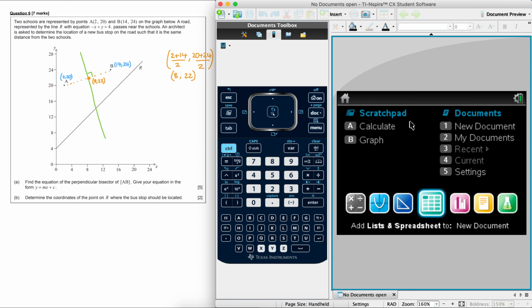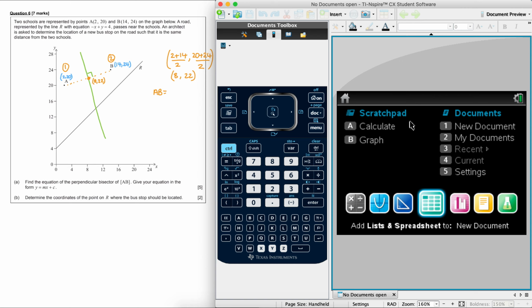Then I need to know what was the original gradient. So what was the gradient? The change in y over the change in x. So of the original line, A to B, the gradient is the change in y. So I'm going to take this as (x1, y1) and this as (x2, y2). Okay, and then I can do y2 minus y1 over x2 minus x1.